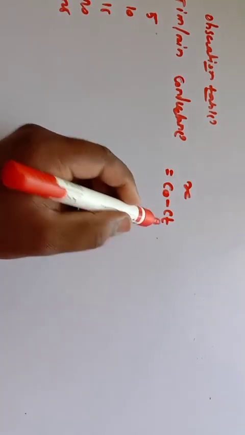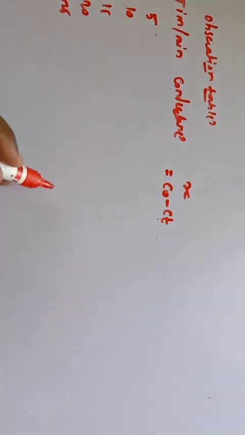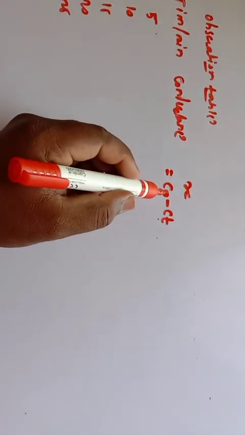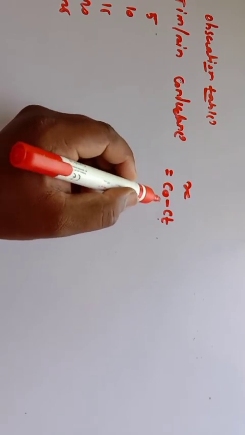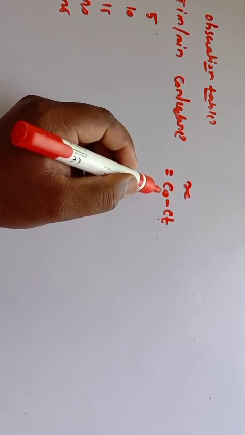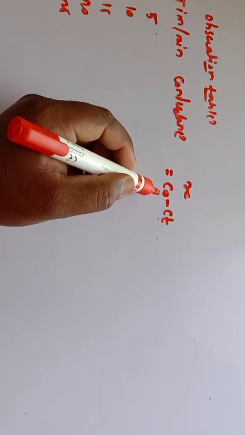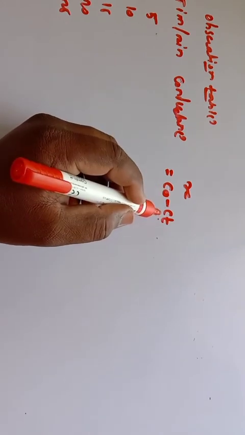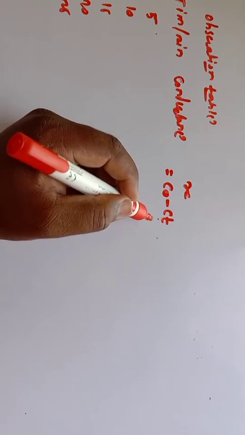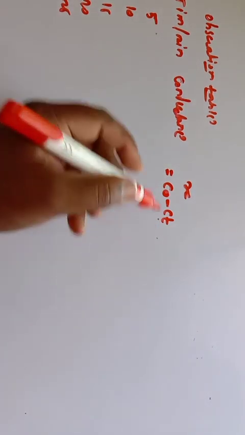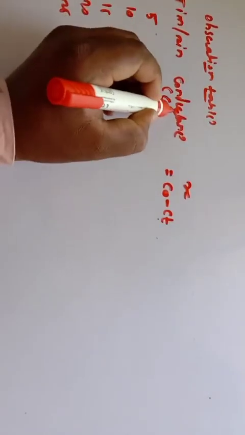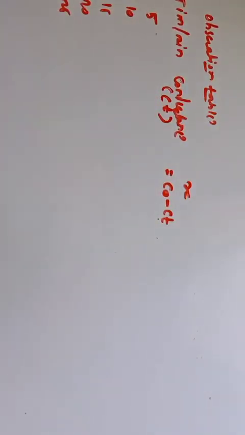So then you have to find x, which is equal to C0 minus Ct. That is, the conductance of the reaction mixture at 0 time minus the conductance of that solution at the given time. Ct is the conductance of the reaction mixture at different times.